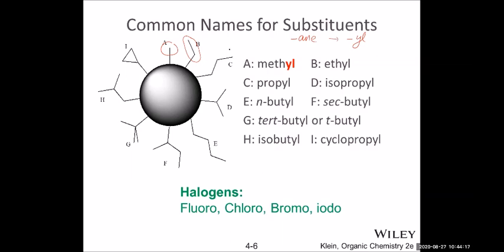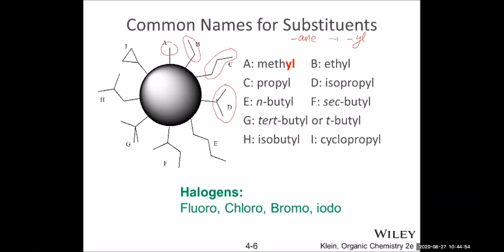The C has, this is basically the parent, whatever the parent is. This side chain has 3 carbons, so it's a propyl, from propane. D is isopropyl. The difference between C and D is, for the same alkane, the propane, the propyl has the end carbon remove hydrogen and attach to the parent.